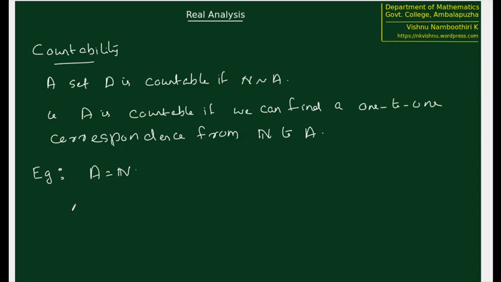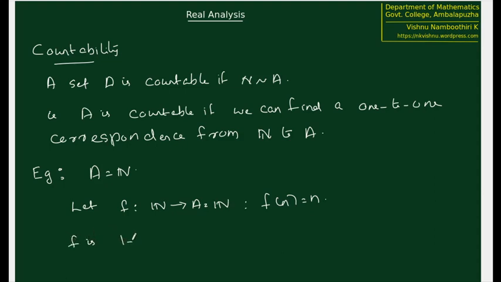The natural choice for defining a one-one onto function from a set to itself is the identity function. Let f from N into A equal to N itself be defined by f of n equal to n. This function is easily verifiable to be 1-1 and onto. Therefore, N itself is countable.